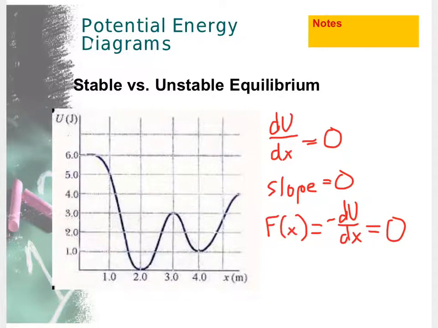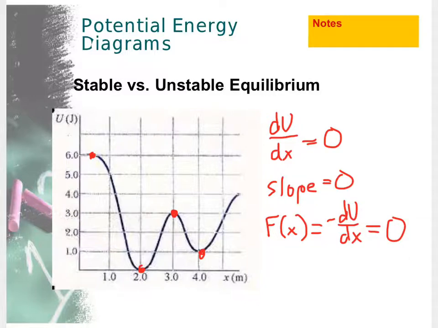Well, it looks like we have a point up here. Looks like we have a point down here. Looks like we have a point here and a point there, and all four of those points are places where the force is equal to 0.